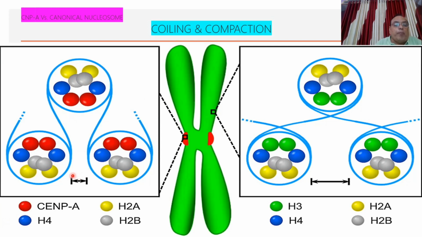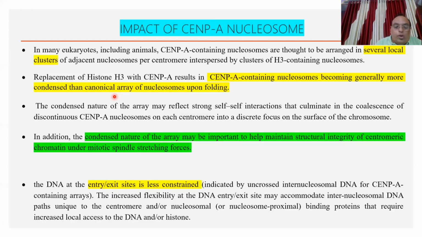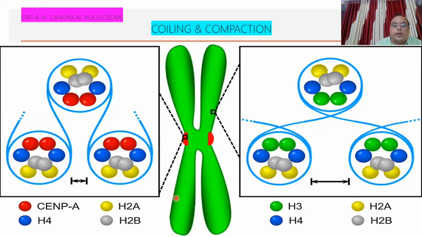This leads to the compaction of nucleosomes, and it has its impact also on the wrapping of the DNA around the nucleosome, because in the canonical case, the wrapping is tight. It is tightly wrapped, whereas here the noose is not that tight. And so I said here that the entry and exit site is less constrained, indicated by uncrossed internucleosomal DNA.